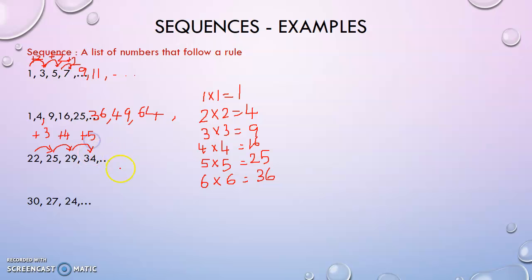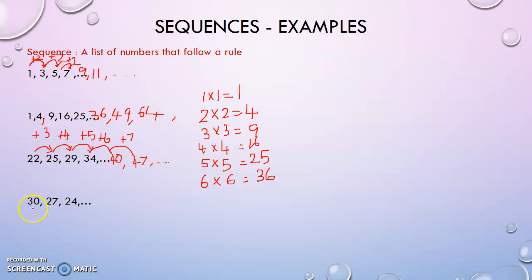So what will be the next number? Add 6, one more than before. 5 plus 1 is 6. Adding 6, we get 40. The next number in the list is 40. The next number will be plus 7, which gives 47. This list continues. So here again there is a rule to find the next number. So this again is a sequence.